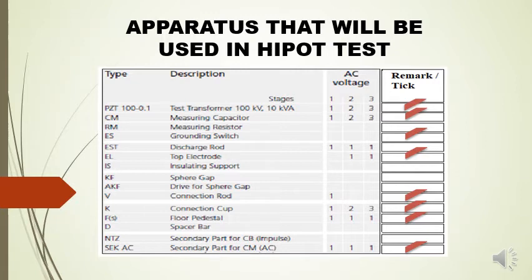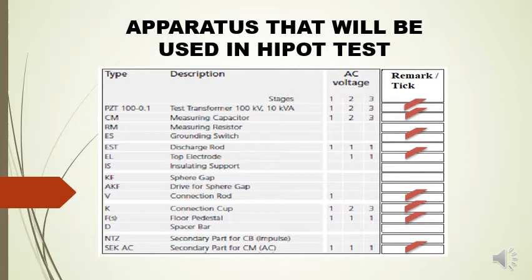Then we must have the floor pedestal, because this floor pedestal is needed to connect our grounding. Lastly, we need the secondary part for the capacitor measurement, which is the AC type.